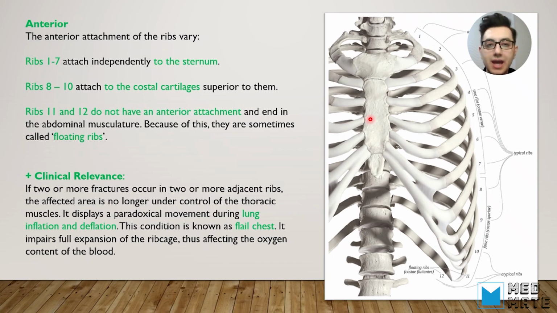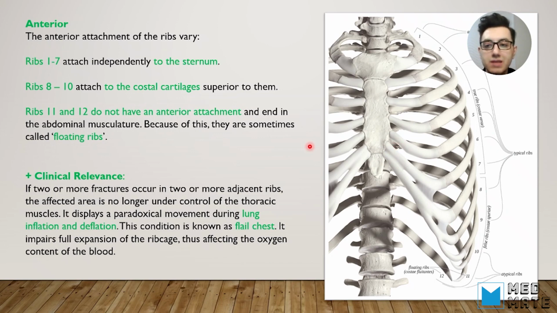While ribs 8 to 10 attach to the costal cartilage. So 8, 9, 10 are connected to a costal cartilage, and all together they are connected to the sternum. Ribs 11 and 12 do not have anterior attachment and end in the abdominal musculature, and because of this they are sometimes called floating ribs.